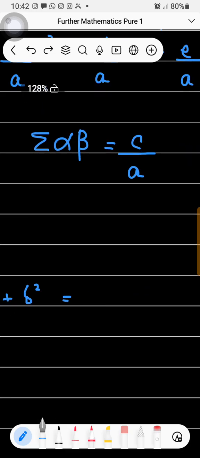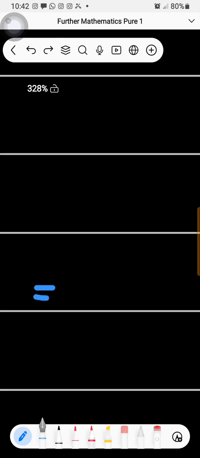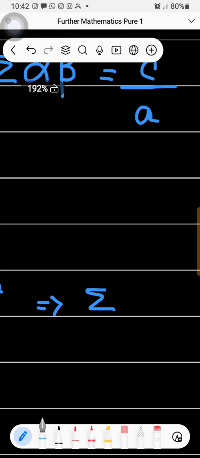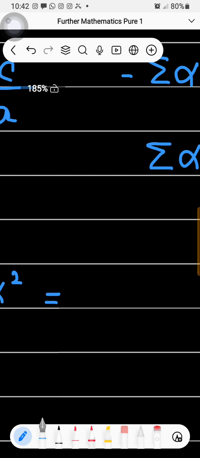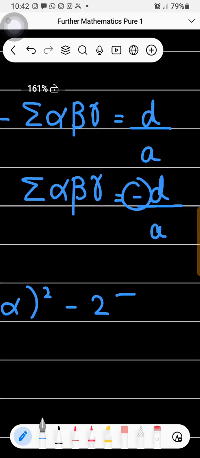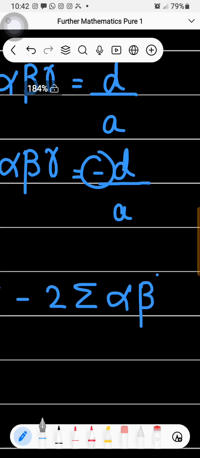If yes, the formula will remain the same here. Nothing changed in the formula. Sum of alpha square is equal to, bracket open, sum of alpha whole square minus 2 sum of alpha beta. This is same as cubic equation.